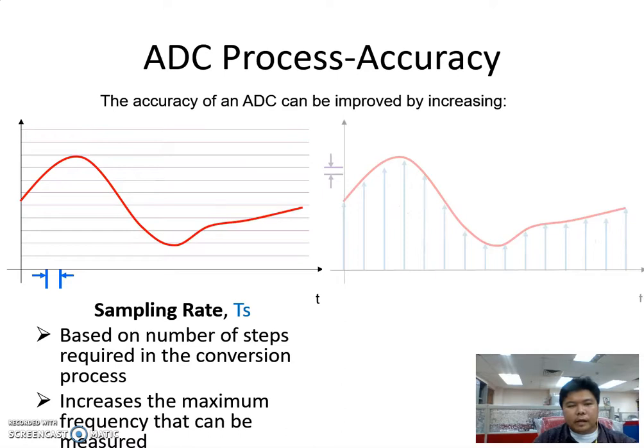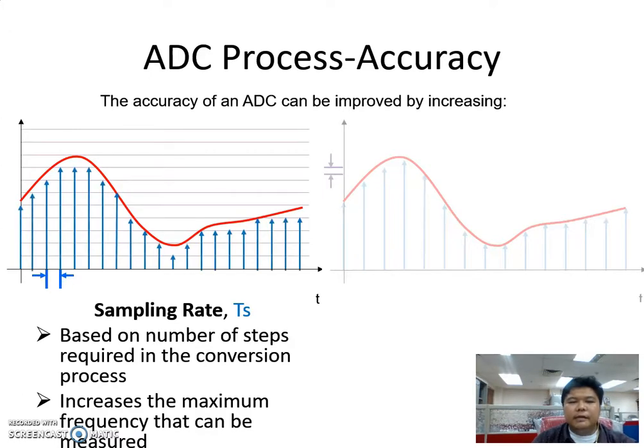Okay, so to improve the accuracy, usually we use a better sampling rate. That means we increase the frequency of the sampling rate. The higher the sampling rate frequency, the better the accuracy of the signal.